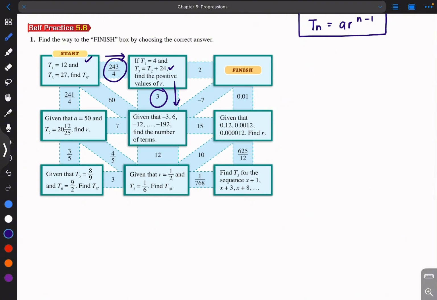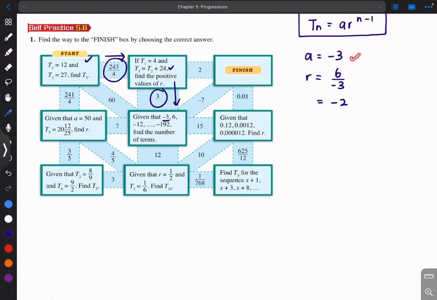Alright. The third box. Given that negative 3, 6, negative 12, find the number of terms. Okay. So we know a is negative 3. And then we can find r. r is just T2 divided by T1. So 6 divided by negative 3, which is negative 2.